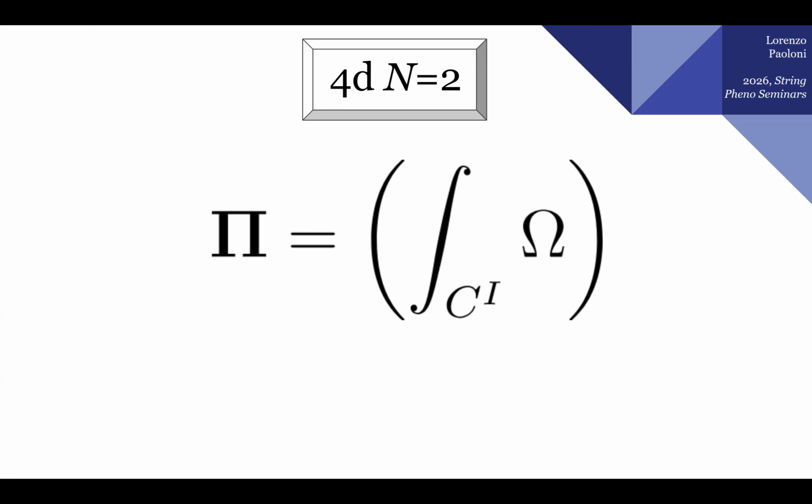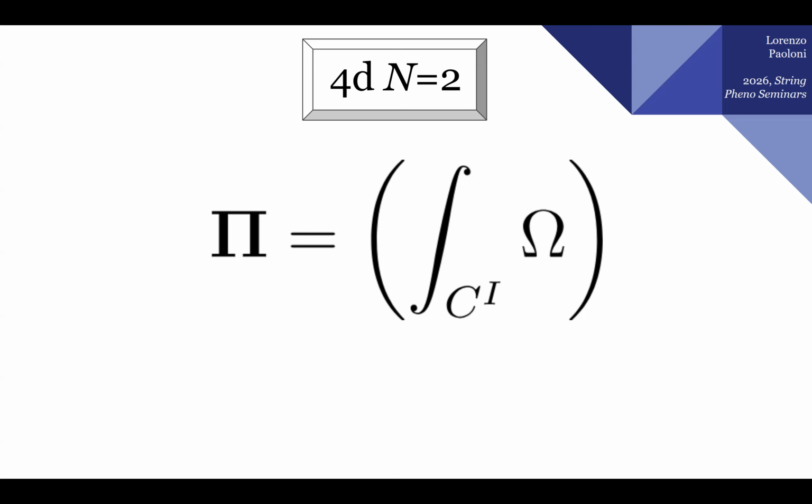The name comes from the fact that the entries can be thought of as integrals of a form over a cycle. Its importance is twofold, because as I said, it is sufficient to recover all the couplings in the 4D action that I showed you before, but it also gives us information about the massive spectrum that is charged under the U(1) fields.